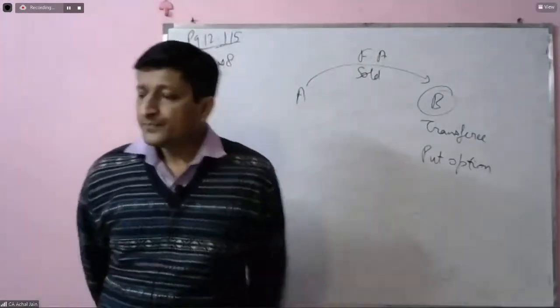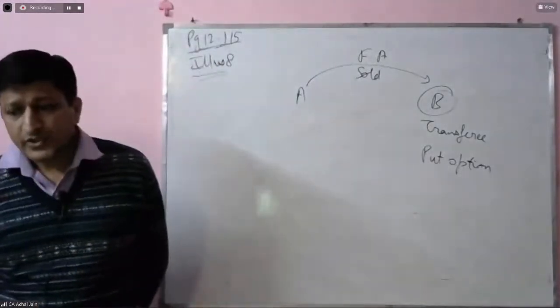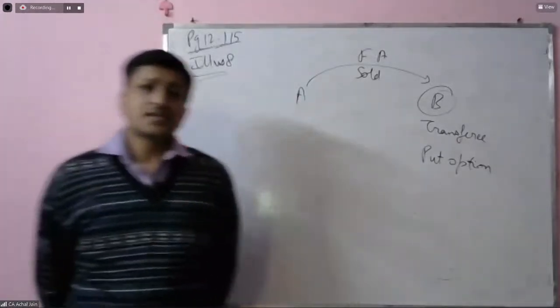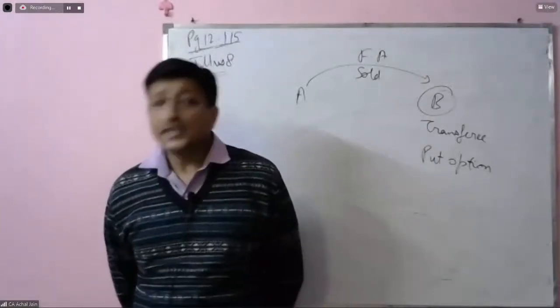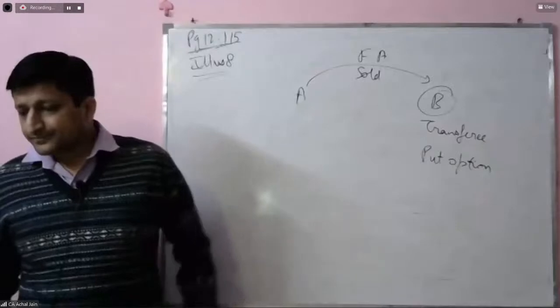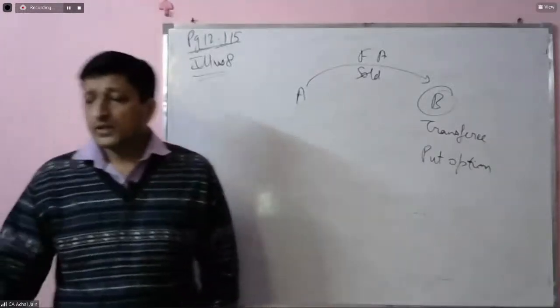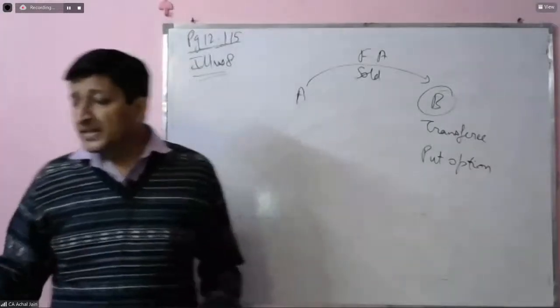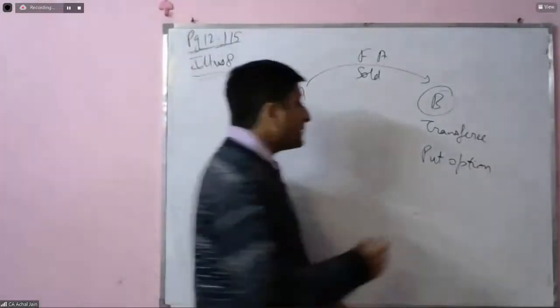Okay? Yeah. So now in both these situations, when this will be deeply in the money or in the other situation when it will be deeply out of the money, how will the derecognition principles be applied? In the first scenario, the transferred asset. First scenario means when it is deeply in the money.